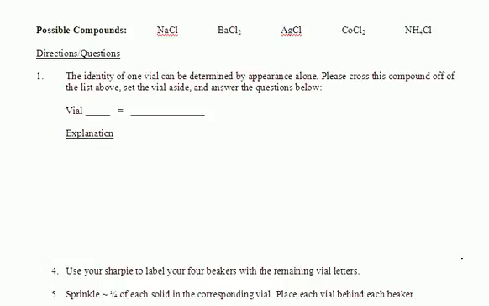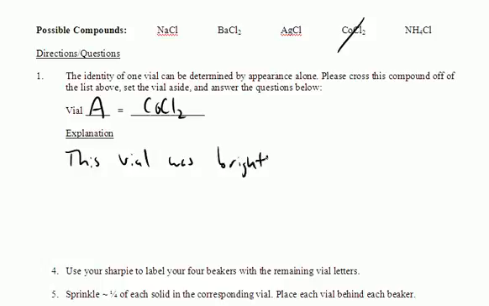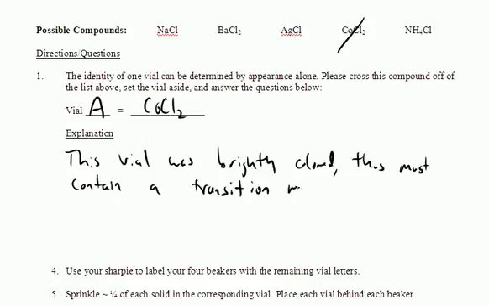The answer to the first question was vial A, and vial A ended up being the cobalt 2 chloride. The answer is this vial was brightly colored, thus must contain a transition metal cation.